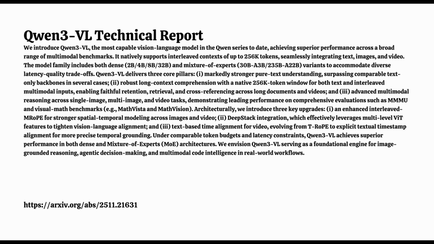But the part that really validates the training pipeline for me was the long context test, that needle in a haystack evaluation for video. The results there are pretty remarkable. The Instruct variant achieved 100% accuracy on videos up to 30 minutes long. Which lines up perfectly with its 256K token context window. It does. It means it can find a specific piece of information placed anywhere in that huge stream with perfect recall. And then they pushed it even further.